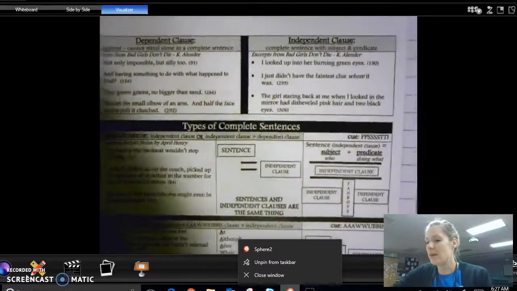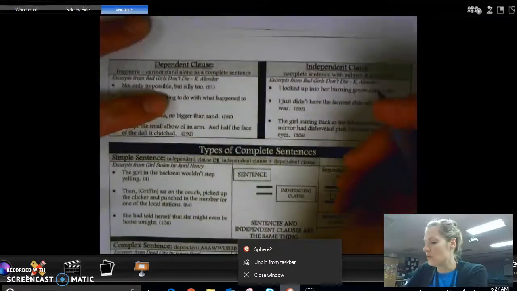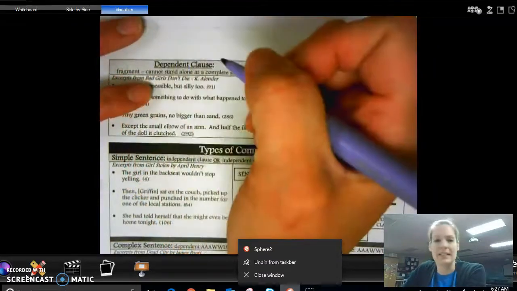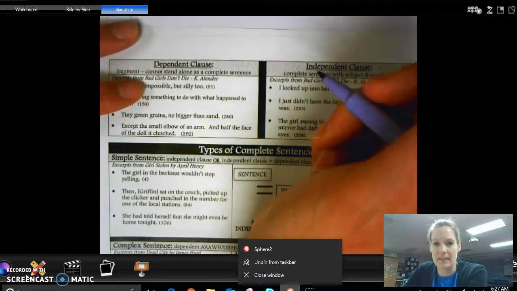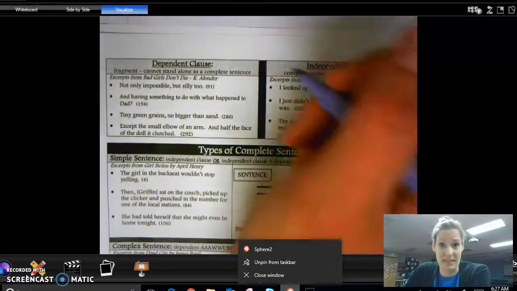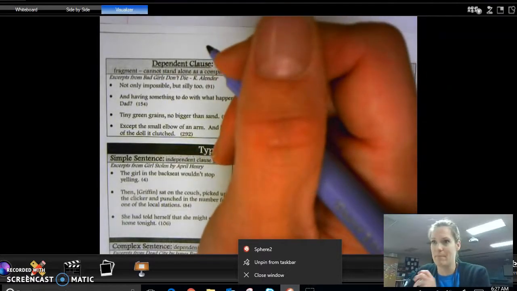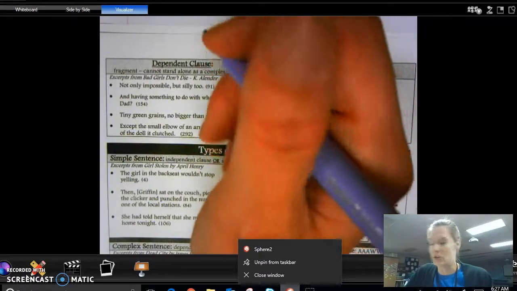If you think about the word dependent versus independent, you could think of it as you are dependent on your guardians for basic necessities, like you need them for food and a home and money to go to the movies if you get to go do that.